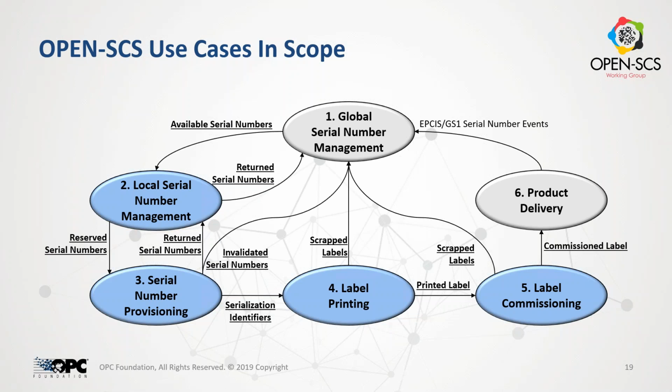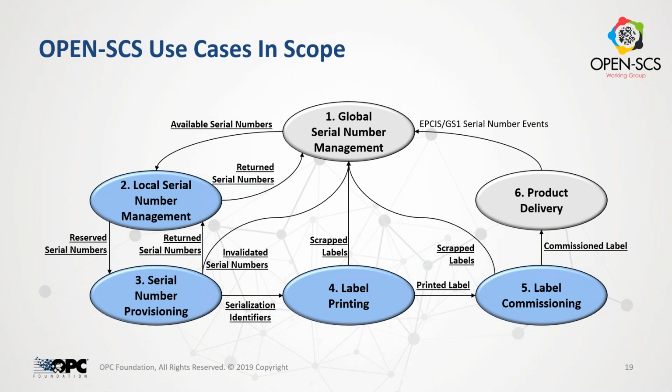We're not dealing with those, but we are saying once we get the available serial numbers, then we start managing. We manage those serial numbers by allocating them to products, by allocating them to production runs, by allocating them to the individual batches that we're going to use. That's called provisioning of the serial numbers. Then we print the labels, scan the labels, apply the labels, make sure that everything is working correctly.